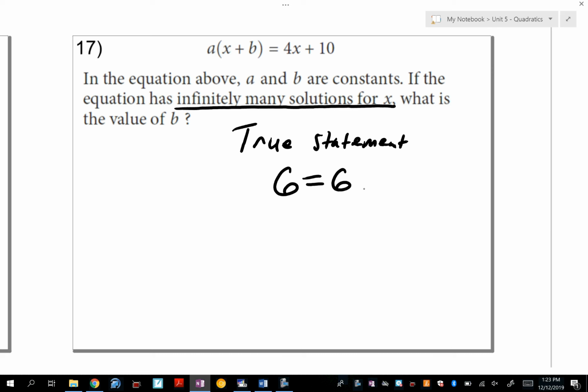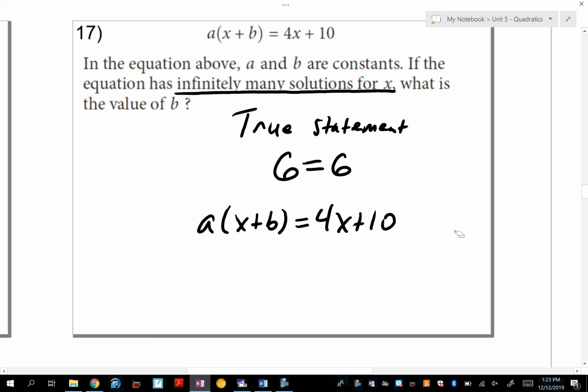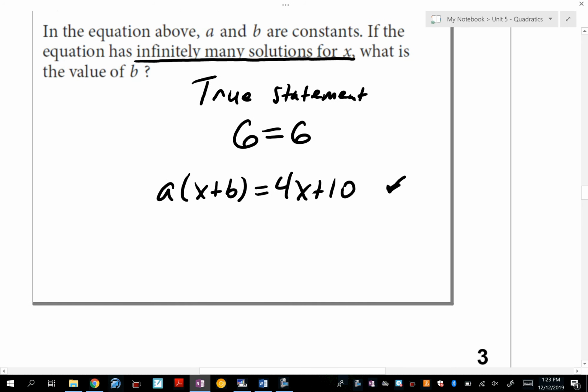All right? So if that's the case, then I need a times x plus b to be equal to 4x plus 10. If this is true, then I have infinite solutions for x. Now watch this. Distribute the a.